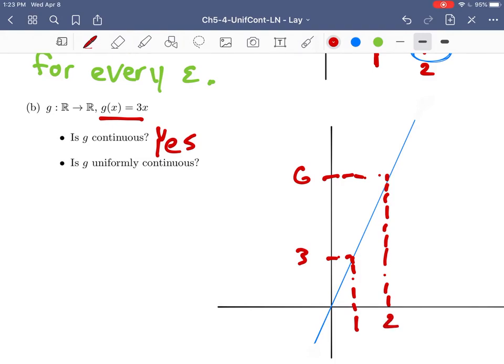It turns out this thing is uniformly continuous.